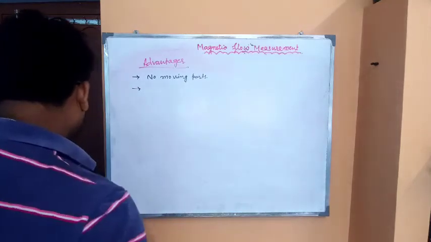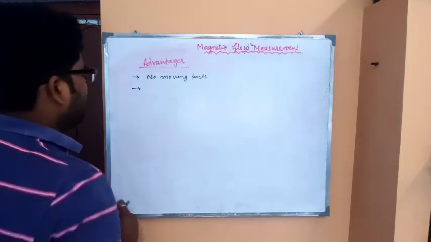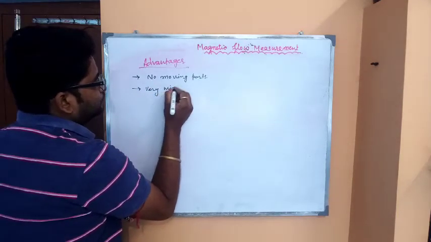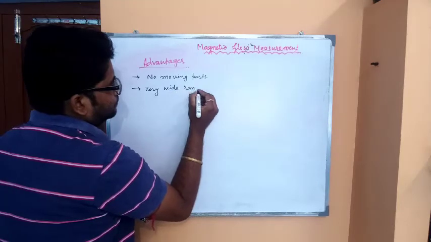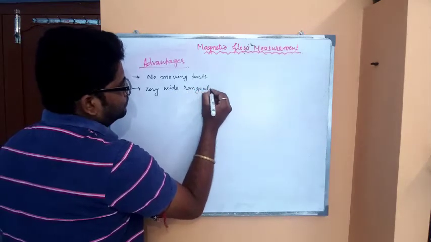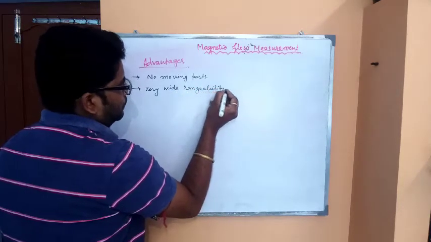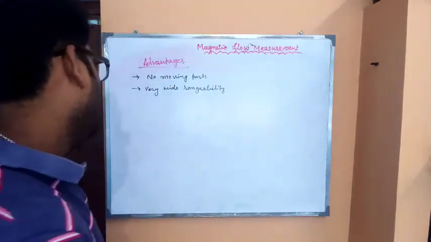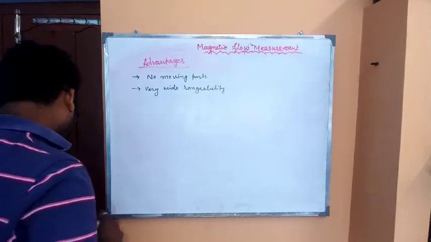Second point is very wide rangeability. That means it can be used to measure a wide range of flow.